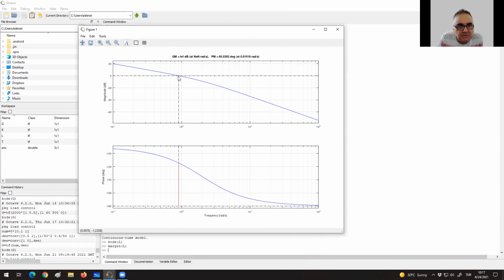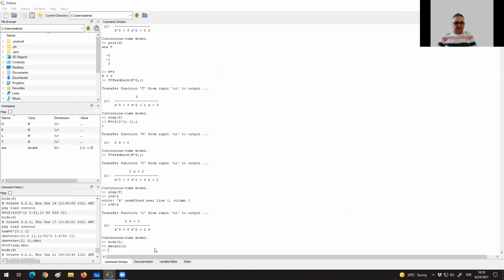When the gain is 0 dB, the difference between your real phase and the phase here is like 65 degrees, which is a lot and which is good. But then when you go to minus 180 degrees in your phase, your gain becomes 0, so the gain margin is infinite. That's also good. It means that your system is not going to get unstable here. So the gain and phase margins are reasonably good, as we see.